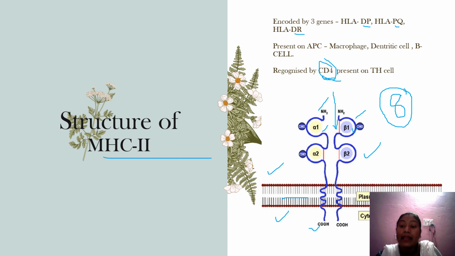So MHC1 will be recognized by the CD8 cell and MHC2 will be recognized by the CD4 cell, because if you take MHC2, 2 into 4 is 8, and if we take MHC1, 1 into 8 is 8. So this is the 8 rule. This is for making it easy to remember.